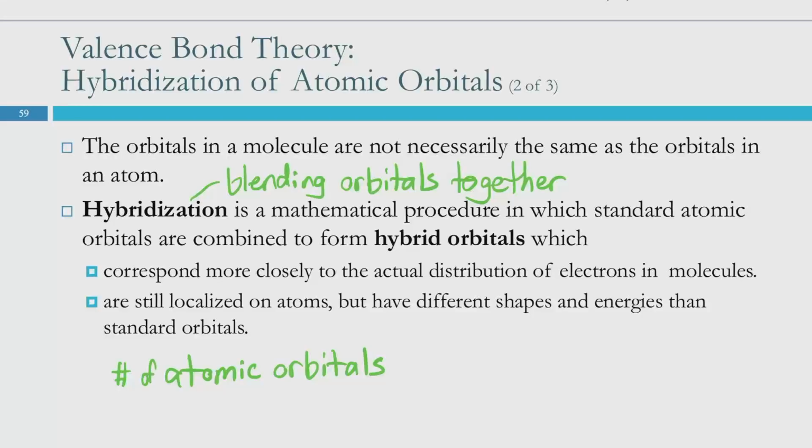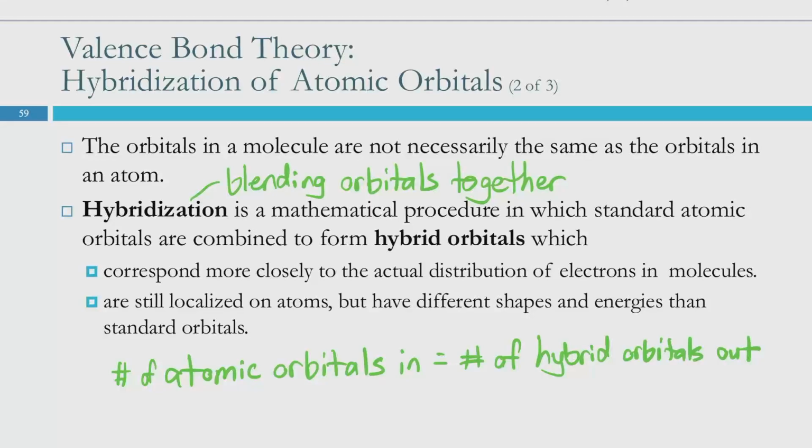The number of atomic orbitals in equals the number of hybrid orbitals out. So if we put in 2 atomic orbitals, we blend them together, we'll get 2 hybrid orbitals out.